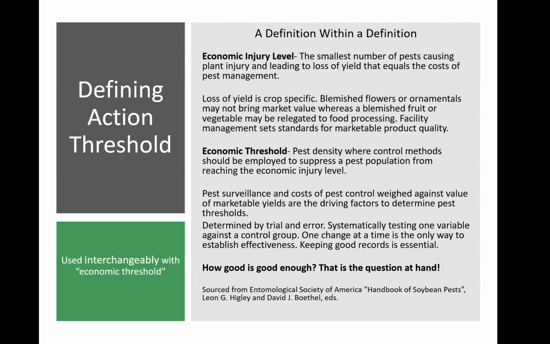This is not a simple solution, but it is determined by trial and error. So you have to systematically test one variable against your control group. This is a scientific principle, and it has to work within your facility.